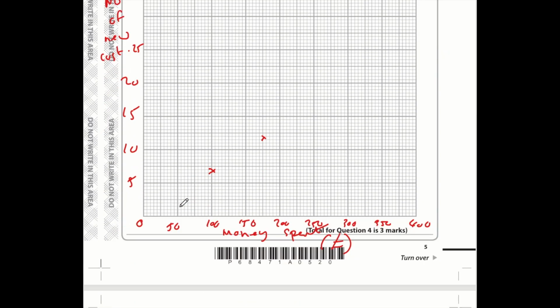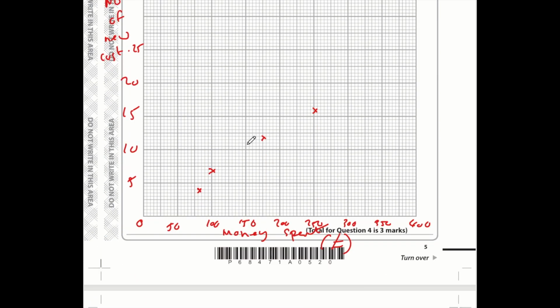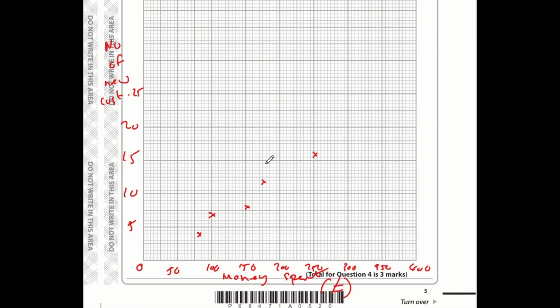Then 84: 50, 60, 70, 80, and that is 4, which will be there. 250, 16: there's 250, 15, 16 is there. 150, 8: there's 150, 10, 9, 8. There we go. Missed it by a tiny bit. If you use a very sharp pencil, you should be fine with these. Was that the 150 one? Yes, it was.